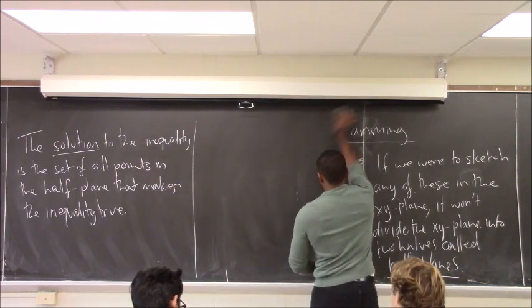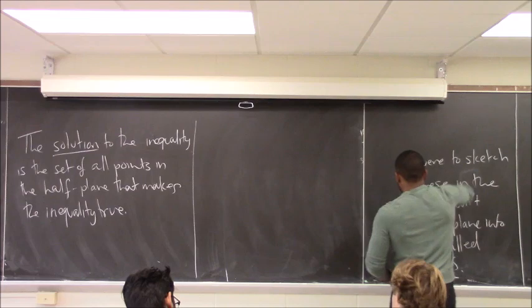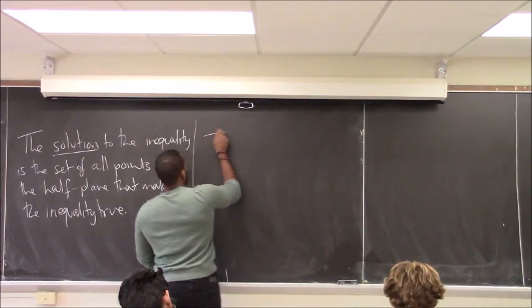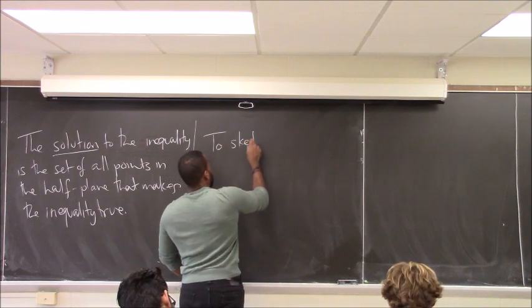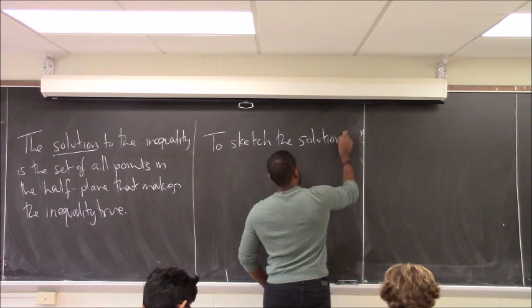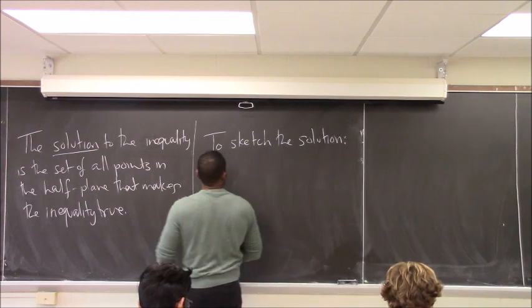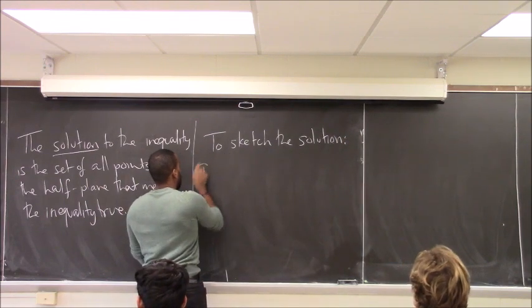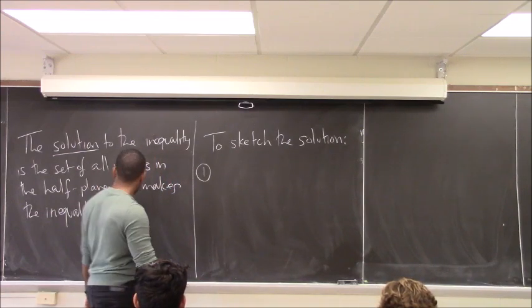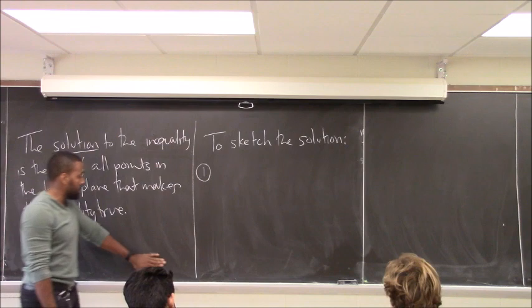To sketch the solution, step one, you're going to just sketch the line. Just imagine that the inequality sign was just an equal sign.